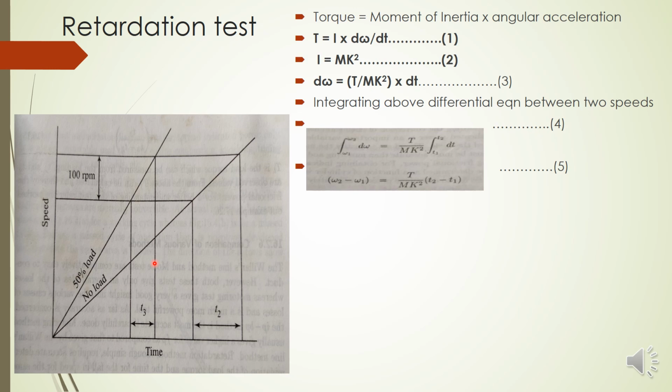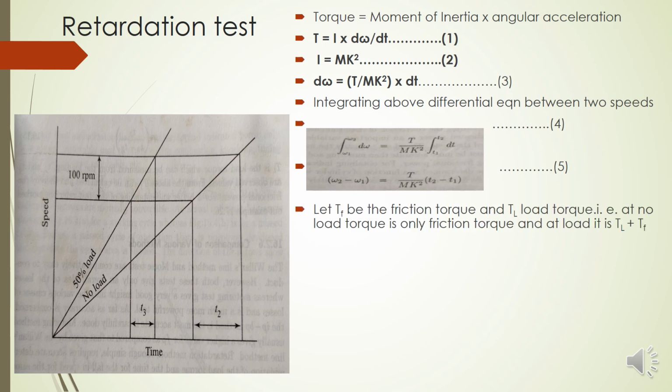So at no load, the only torque available is friction torque. But at full load or half load, the torque will be friction torque and load torque. Two parameters are there, TL and TF.